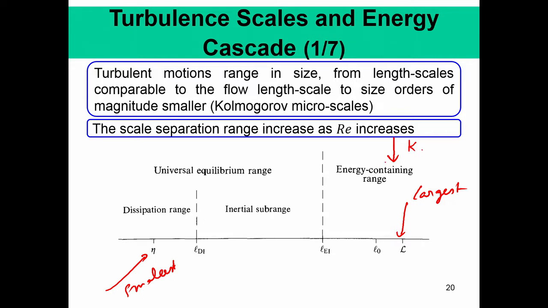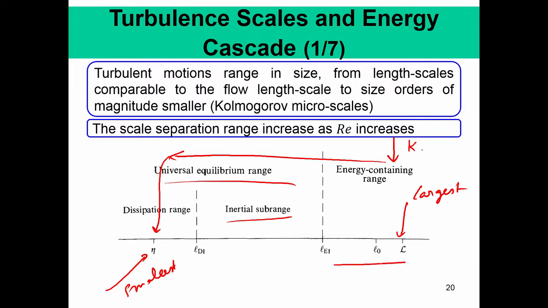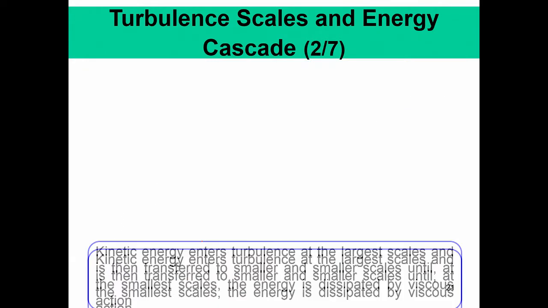It then travels through a whole range of scales called the inertial subrange, which we will show is universal in nature, until it is dissipated in the dissipation range, for which the smallest scale is eta. The demarcation between the energy containing range and the inertial subrange we will call LEI, and the demarcation between the dissipation range and the inertial range will be LDI. That is how the definitions go.